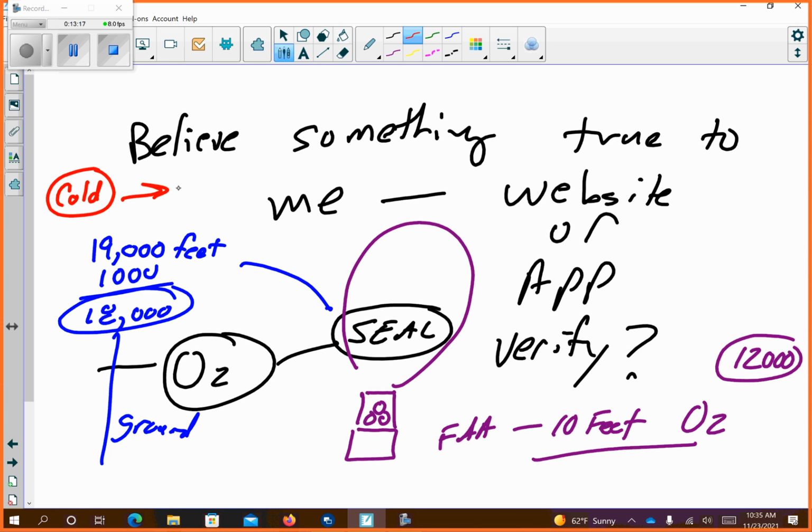When we launched from the ground, temp was about 41 degrees Fahrenheit. When we got up to 19,000 above sea level, so 18,000 above the actual ground, we dropped to 17 below zero.